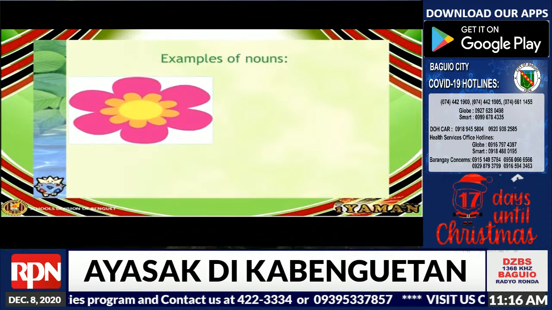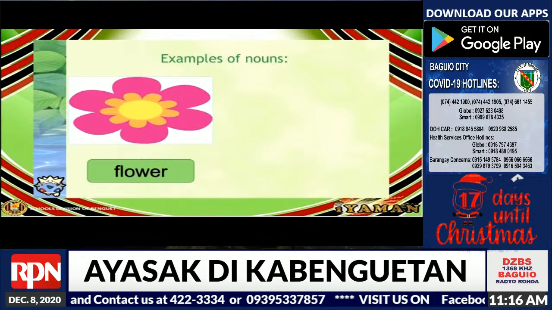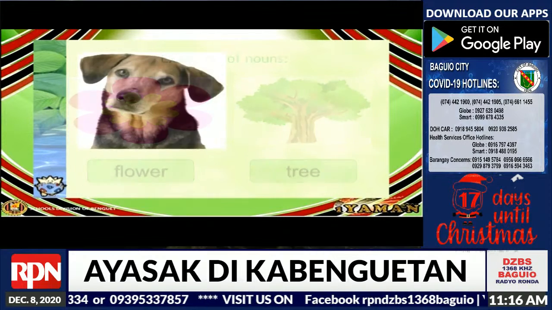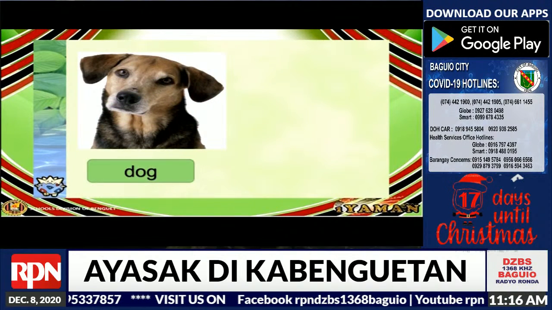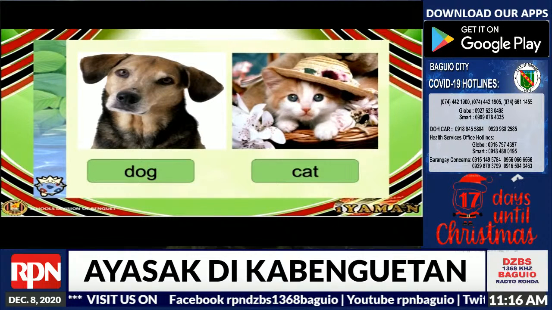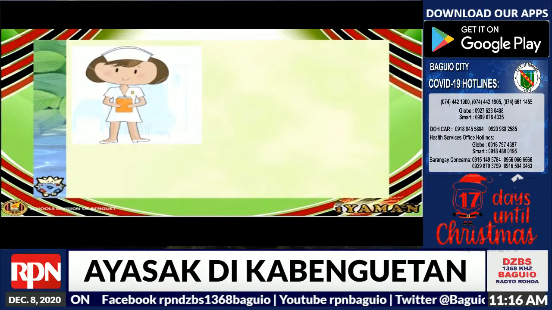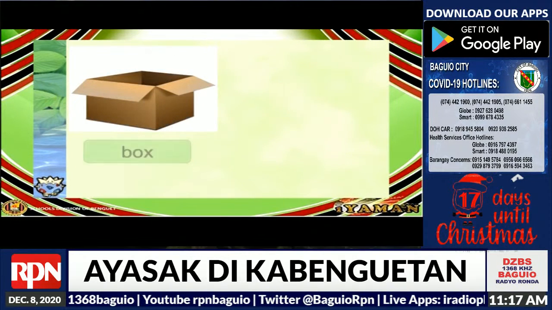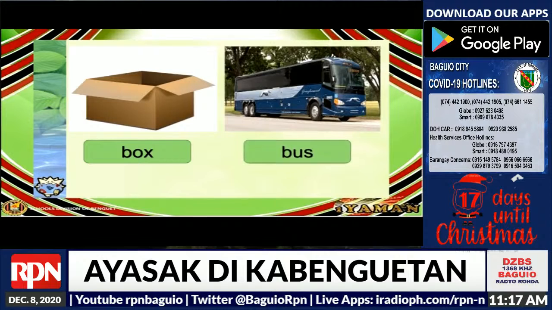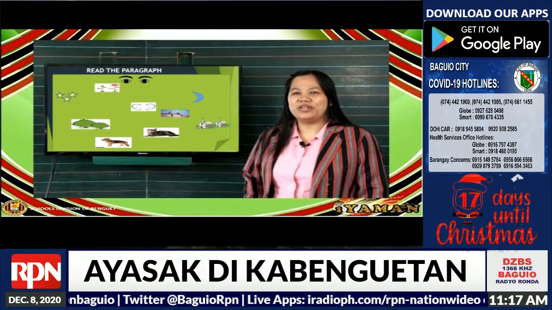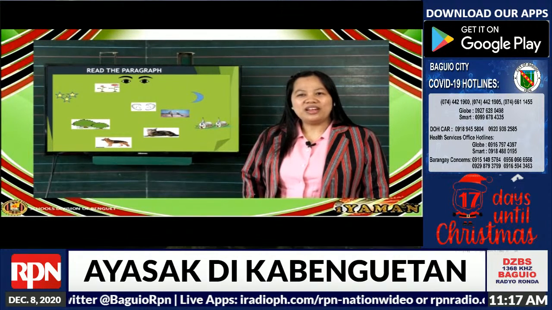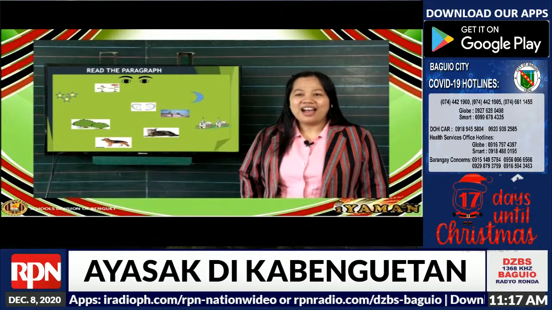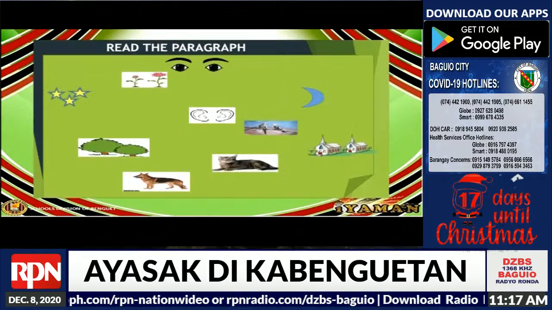Examples of these nouns are flower, tree, dog, cat, nurse, fish, box, bus. Now we have to read the paragraph and we are going to give the correct noun for each illustration. Are you ready to listen, children?